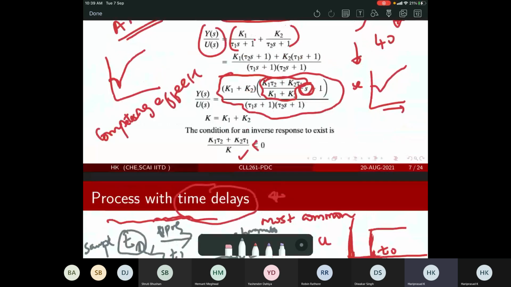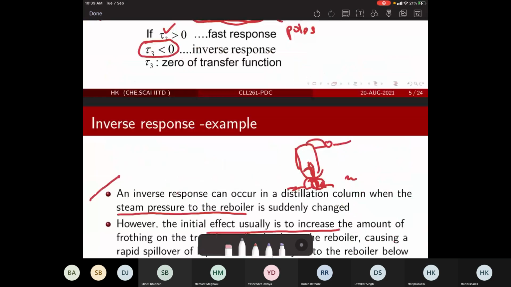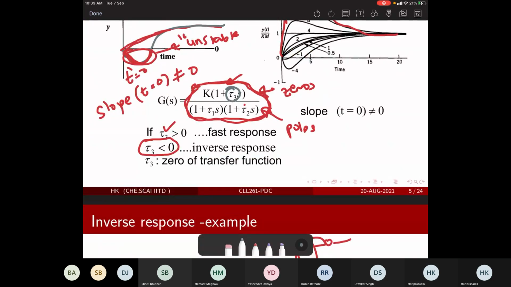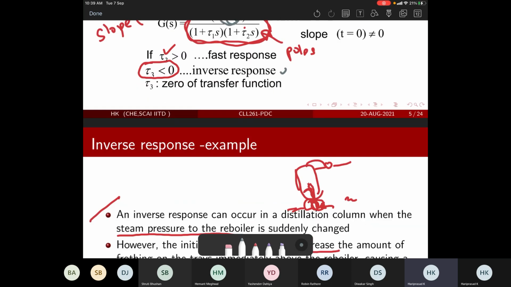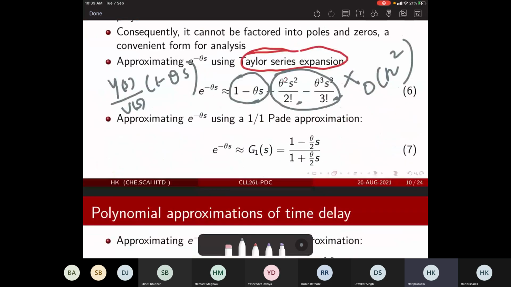So let's look back and see. If this particular term is negative, it means it is an inverse response, which is the whole thing. So what is happening here? The exponent of s is minus theta.